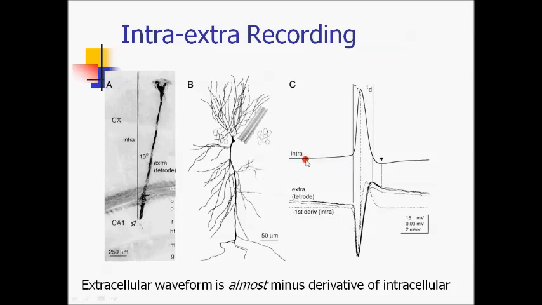And here is an example of the shape of an intracellular spike. When a neuron is sending a signal, it generates this spike, and if the electrode is inside the neuron, you will see this type of shape. Extracellularly, it will be similar to minus the derivative of this intracellular signal.